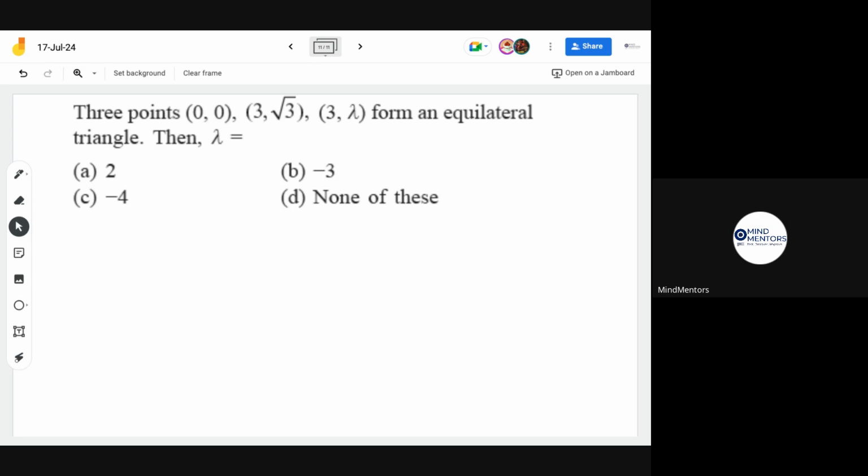So that will be 3 minus 0 whole square plus root 3 minus 0 whole square. That is the distance. And then the distance between the lambda point, is it? 3 minus 0 whole square plus lambda minus 0 whole square. Like that.